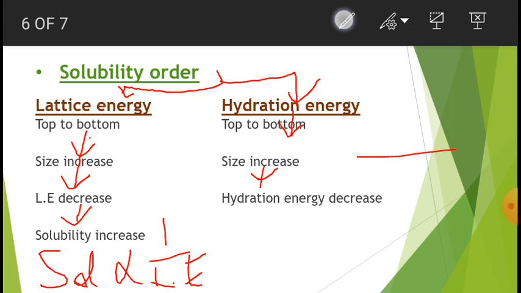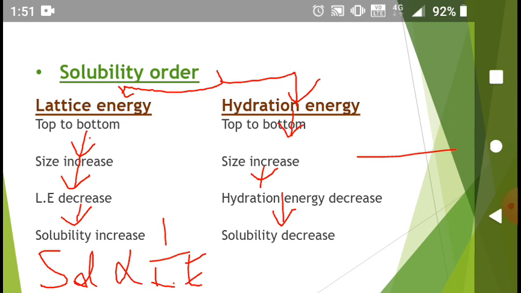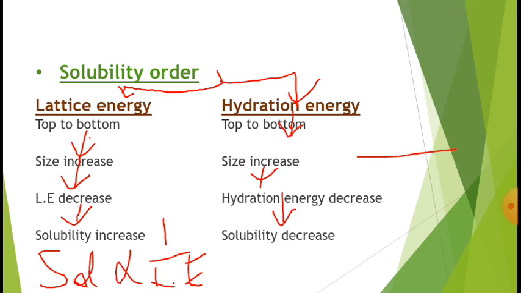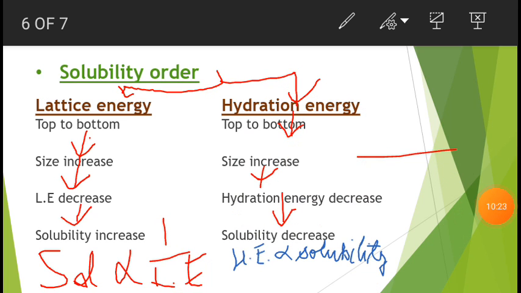As hydration energy decreases, there will be a decrease in solubility. So we can say that hydration energy is directly proportional to the solubility. Here H stands for hydration energy.